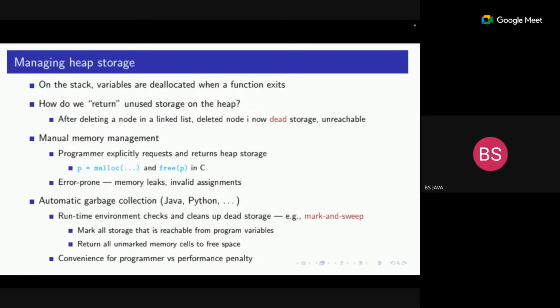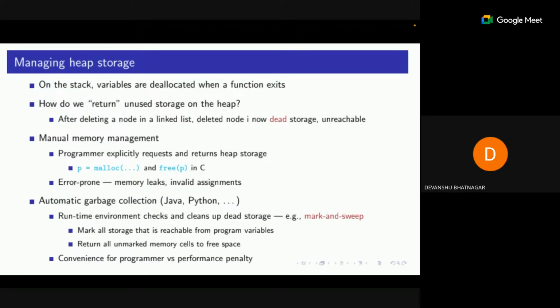Such objects will be taken and just freed. So in C, this is manual memory management. The programmer has to explicitly go and delete it. And in Java and Python, it is automatic garbage collection. This will be running.